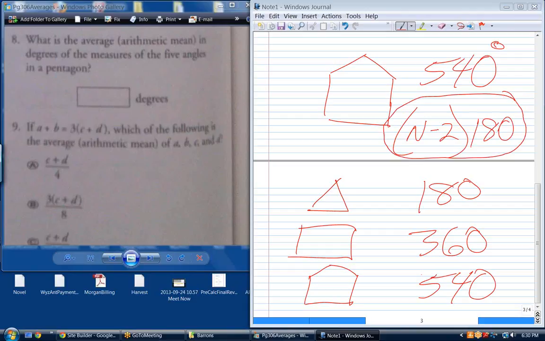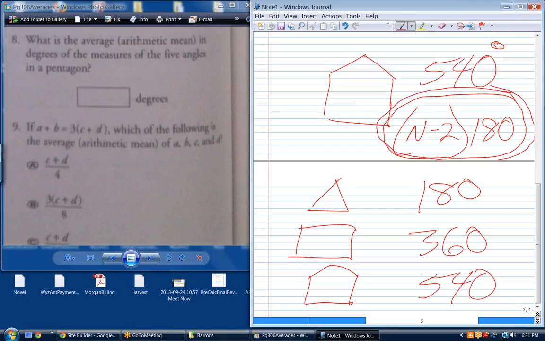Don't you have to divide by something too? Well, in this problem we do, because they're asking for the average. But in terms of the sum of the interior angles, this formula gives it to you.